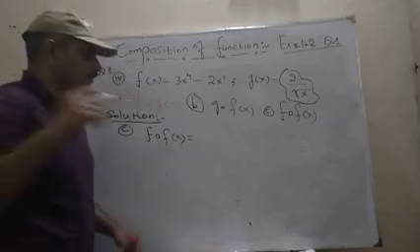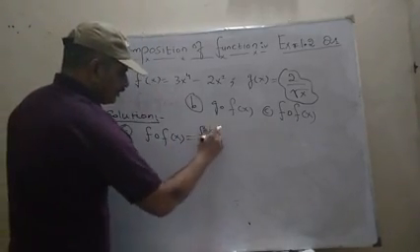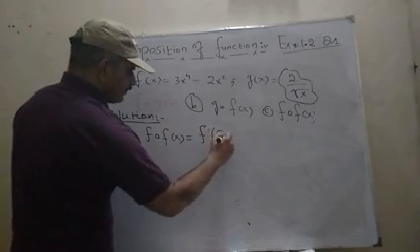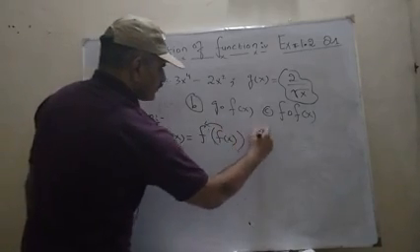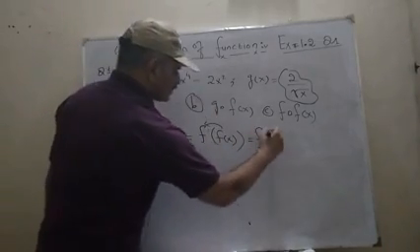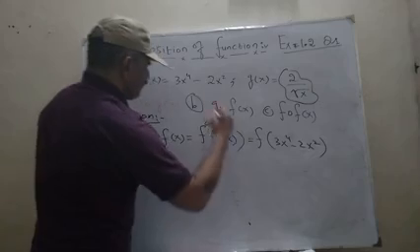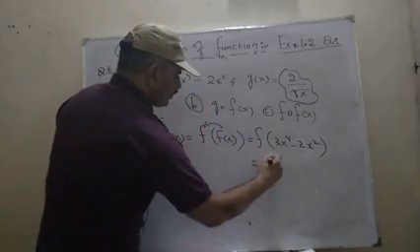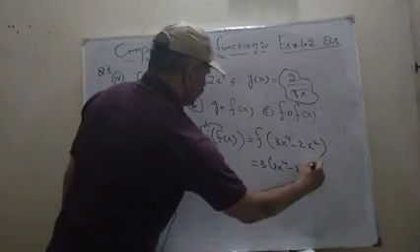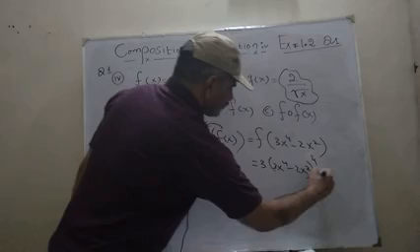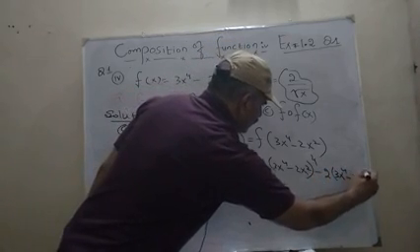Now here is the third part. We have to find f of f of x. What we will do here is put function f in function f in order to get f of f. What is the function f? We have 3x to the power 4 minus 2x squared, and when we put here (3x to the power 4 minus 2x squared) to the power 4, minus 2 times (3x to the power 4 minus 2x squared) whole squared.